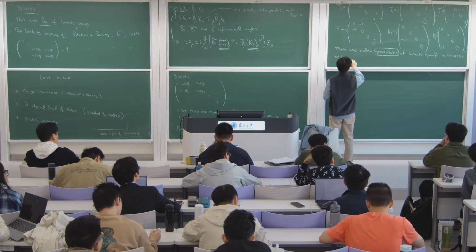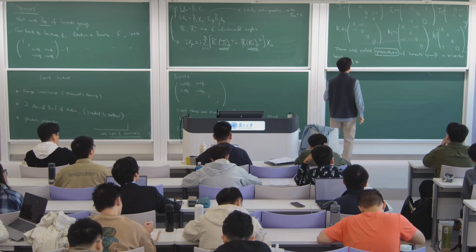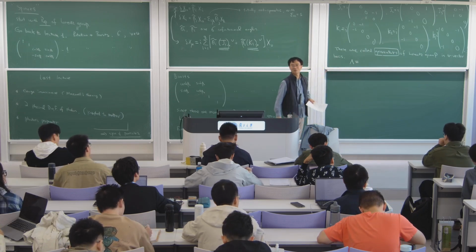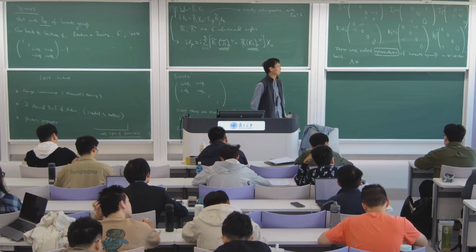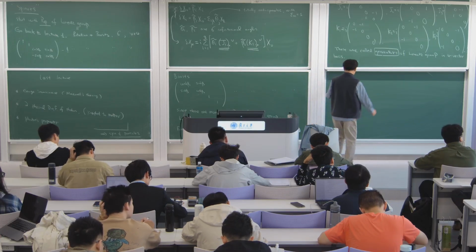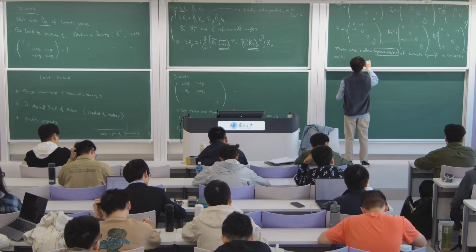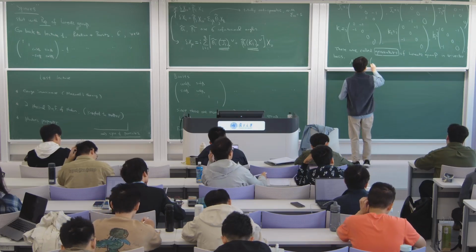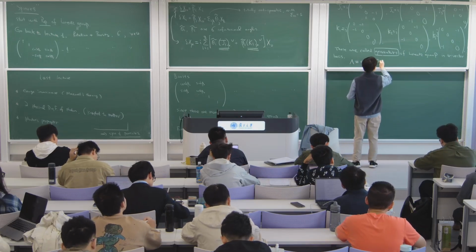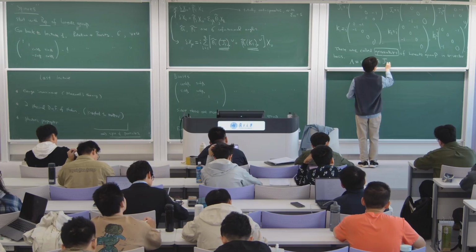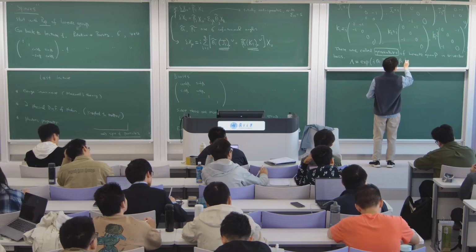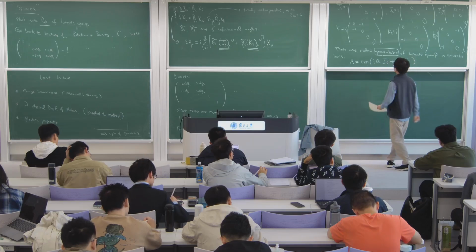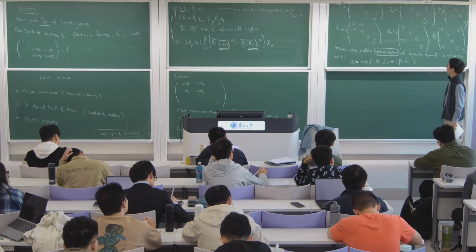that any finite transformation, let's say lambda. Remember that we use lambda to describe the finite Lorentz transformation, right? So any finite transformation can be written in this form. So this is the claim.